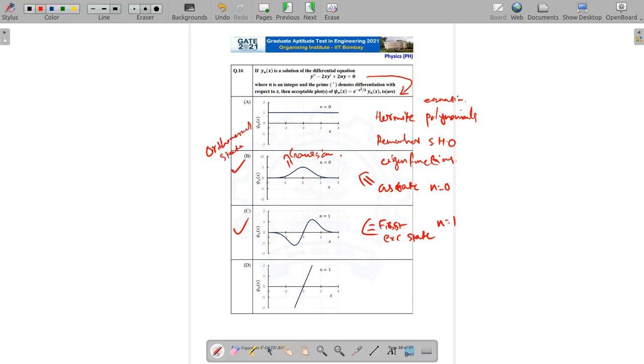That means if this ground state is an even function, if you put x equal to minus x, you have the same value. Then your first excited state should be an odd function, because otherwise it cannot be orthogonal. So this one is the first excited state actually, if you remember the state.